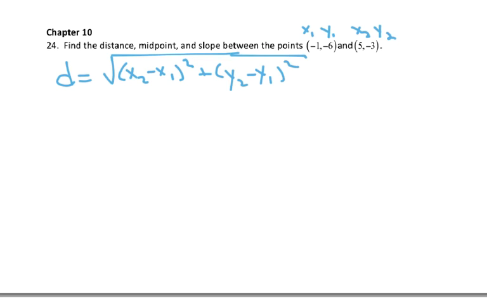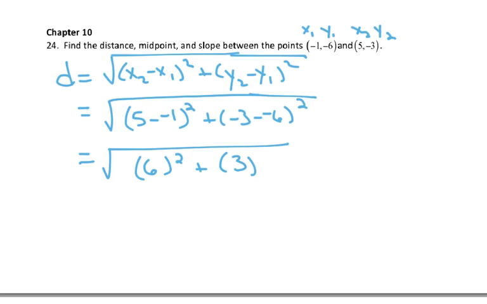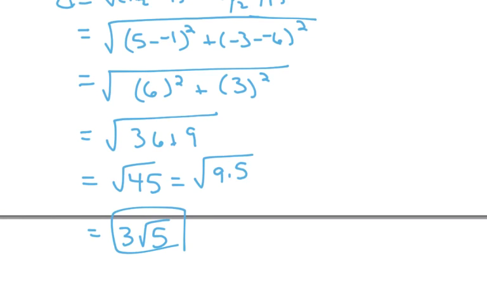So I'm going to do 5 minus -1 squared plus -3 minus -6 squared. I have to evaluate what's inside the parentheses first, so I get 6 squared plus 3 squared. Now I can square them, and I get 36 plus 9, which is 45. And the square root of 45, which is the square root of 9 times 5, simplifies into 3 radical 5.